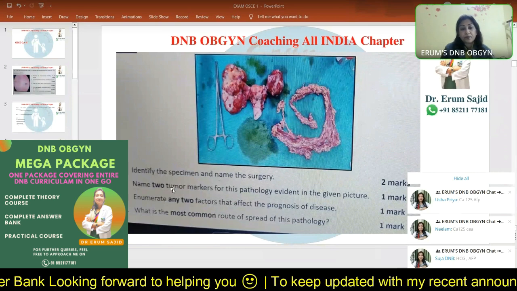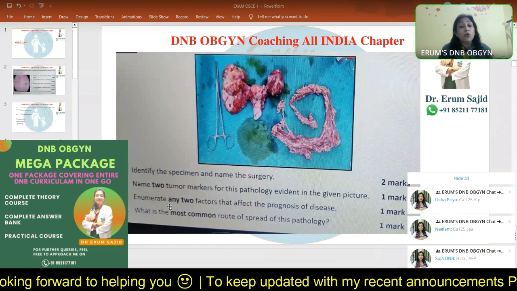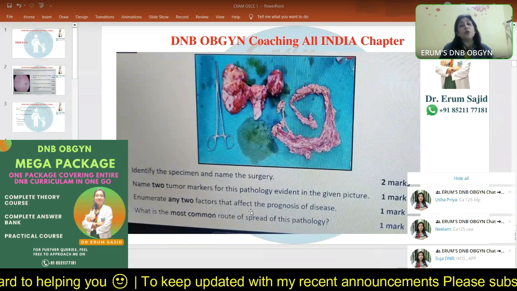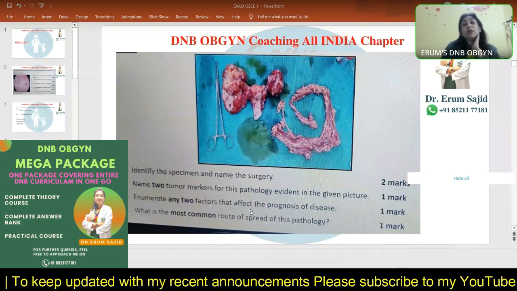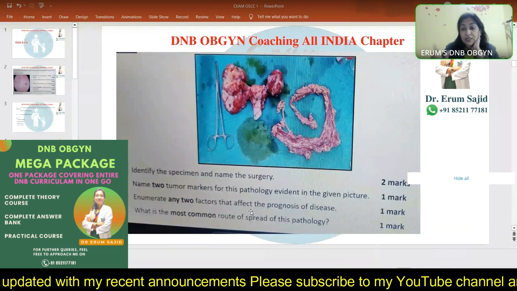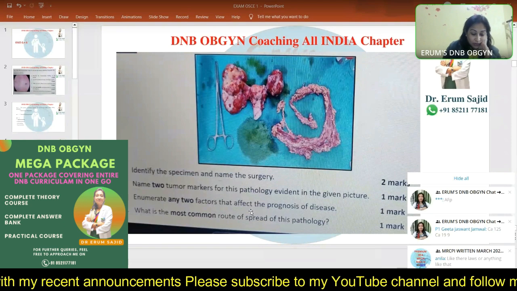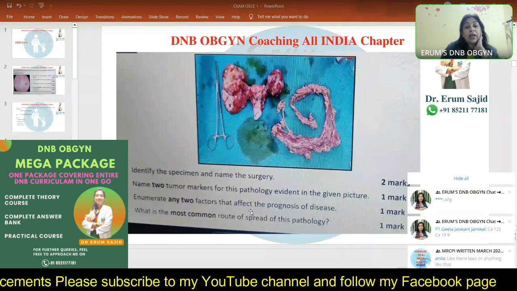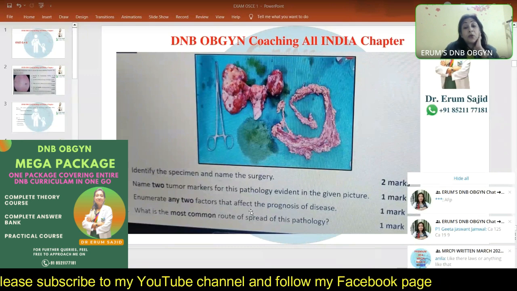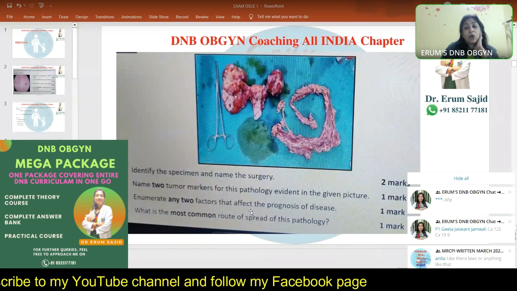Correct. All right. Enumerate any 2 factors that will affect the prognosis of the disease. Now, when you're talking about ovarian carcinoma, what factors affect the prognosis of this disease? That is what I want to know. All right, let me hear this. Any 2 factors that affect the prognosis of this disease. What do we have here?